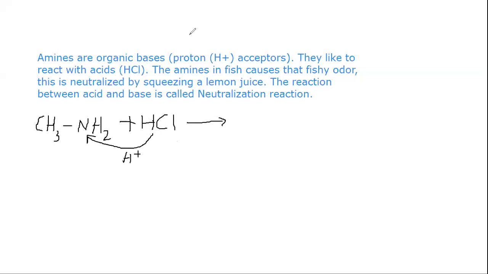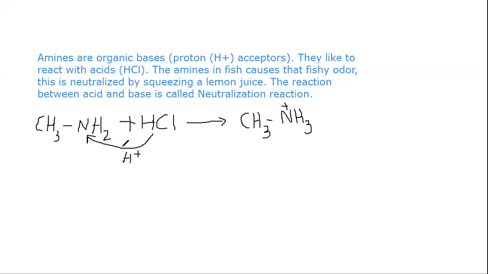Now what happens? CH3NH2 becomes CH3NH3. Nitrogen accepts that proton to become NH3 plus, because a proton comes with a positive charge. So when nitrogen accepts that proton, it becomes positively charged.